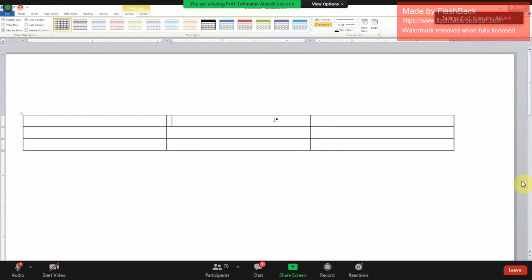I hope I still remember. Let's see. Like so, okay, and then I think we have to do this, and then with this symbol, you click somewhere here.